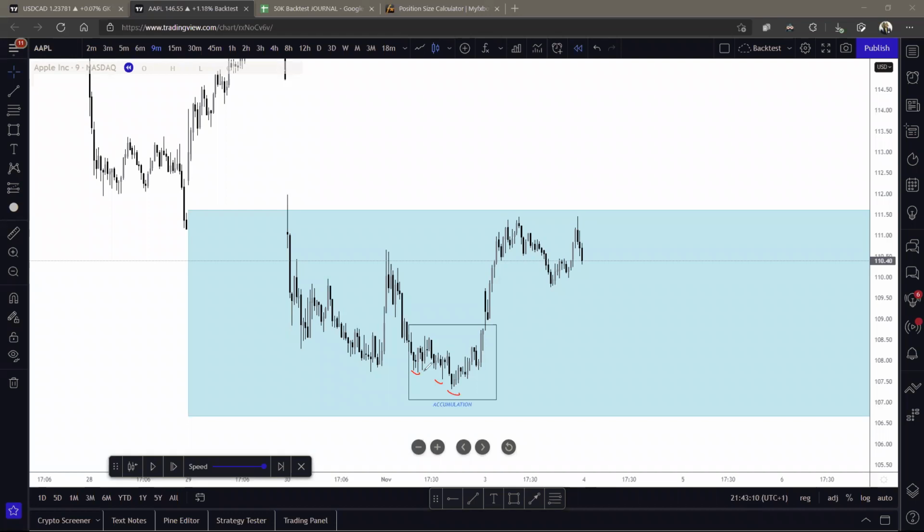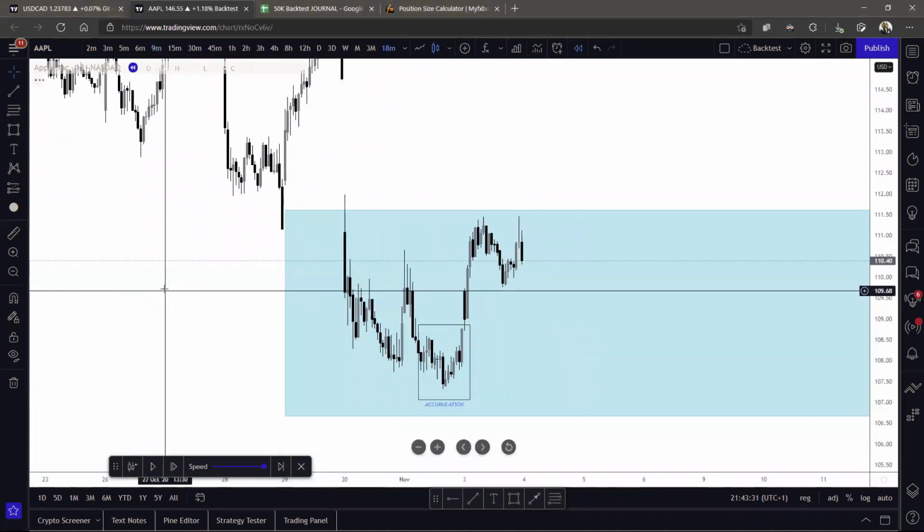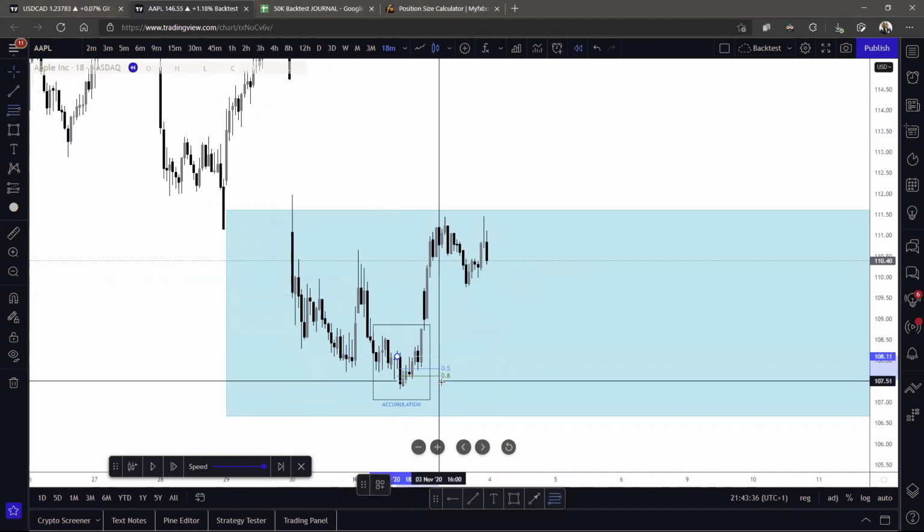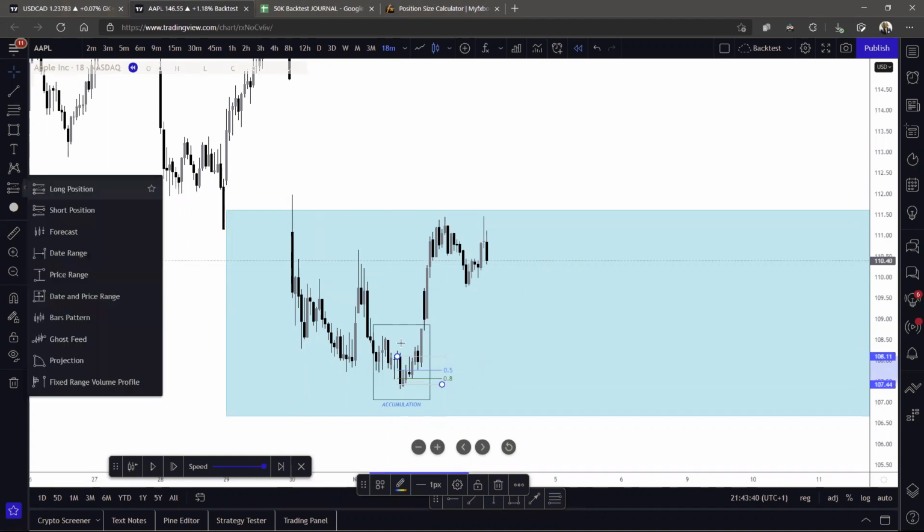We can see low, new low. This is what's holding structure. Low, new low. This is what's holding order flow, right? And you can see this went ahead and broke it. So now let's find out where did this tap into. It was the 18 minute. Okay, it did come to about 50%.